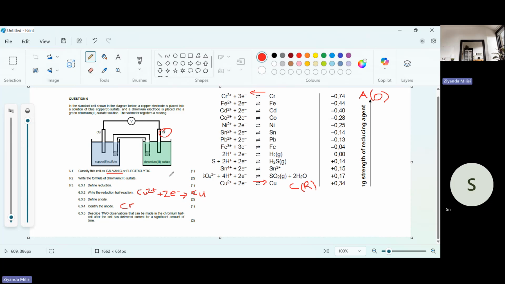In which direction are electrons moving? They are moving from Cr to Cu. All right. After some time, you need to tell me what do you think is going to be observed?